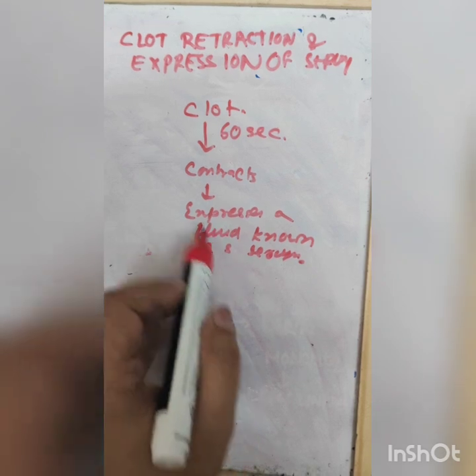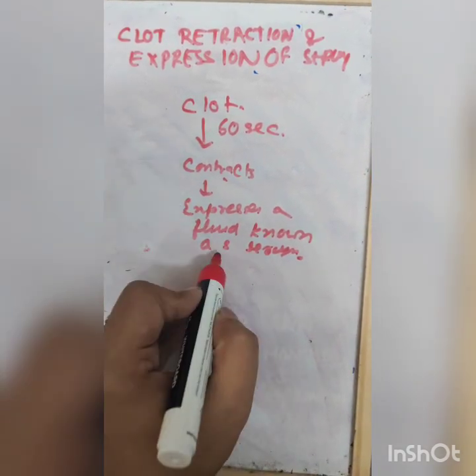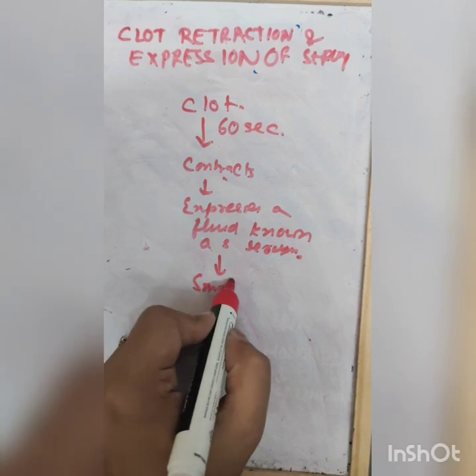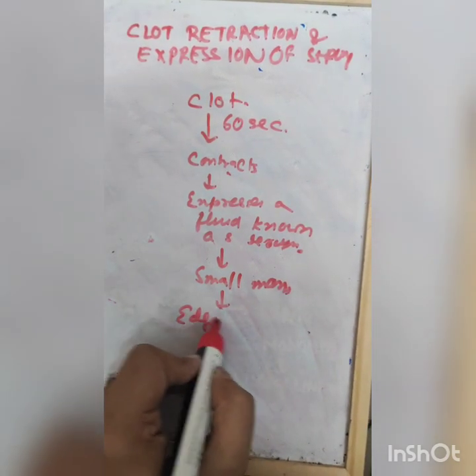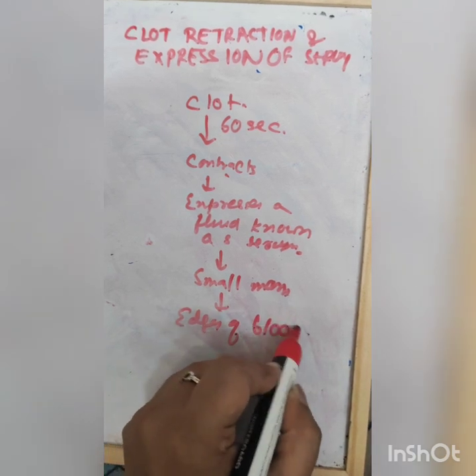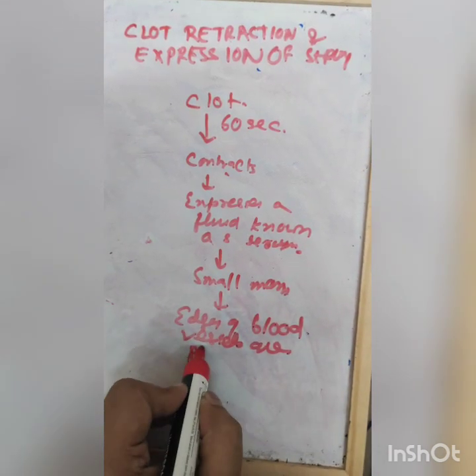Now, as the clot contracts, the fibrin meshwork and the clot turns into a small mass, and hence the edges of the blood vessels are pulled together now.